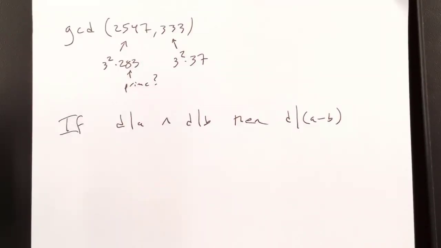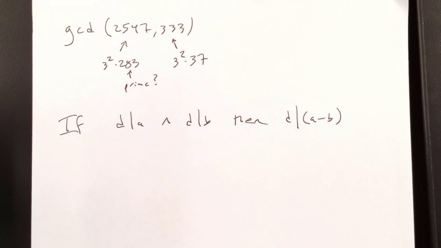So how do I make use of not knowing whether or not 283 is prime? How do I make use of this idea that if B divides A and B, then it's going to divide their difference to find the greatest common divisor? Out of those two numbers, take the bigger one divided by the smaller one.